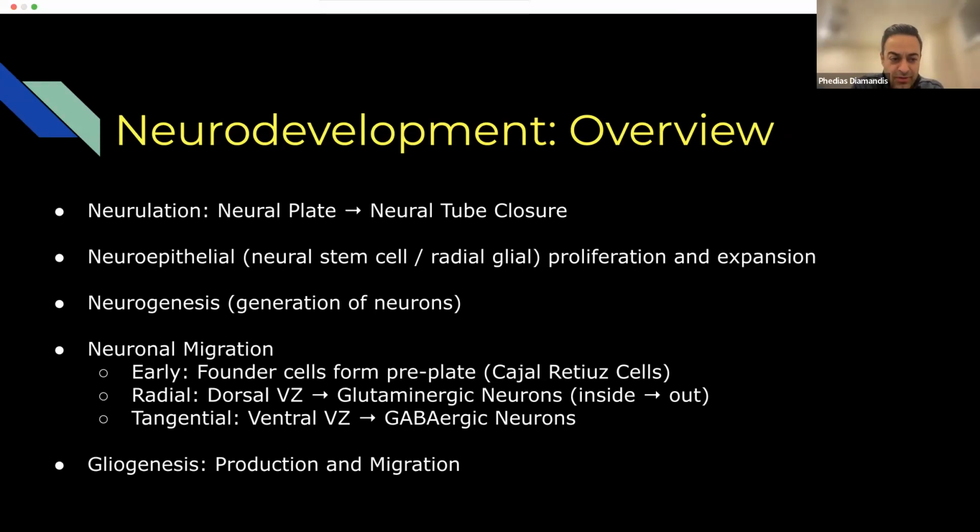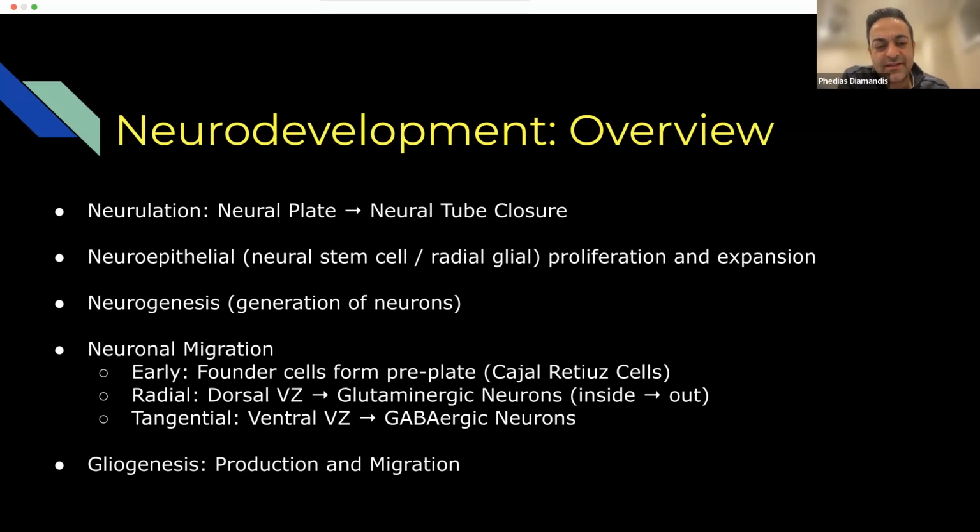This neural tube will undergo massive proliferation and expansion to form the neural stem cell population that's going to derive the neurons and glia of the cortex. First, they undergo neurogenesis, so they generate neurons. These generated neurons migrate to their correct position in the first half of development through a series of early founder cells called Cajal-Retzius cells.